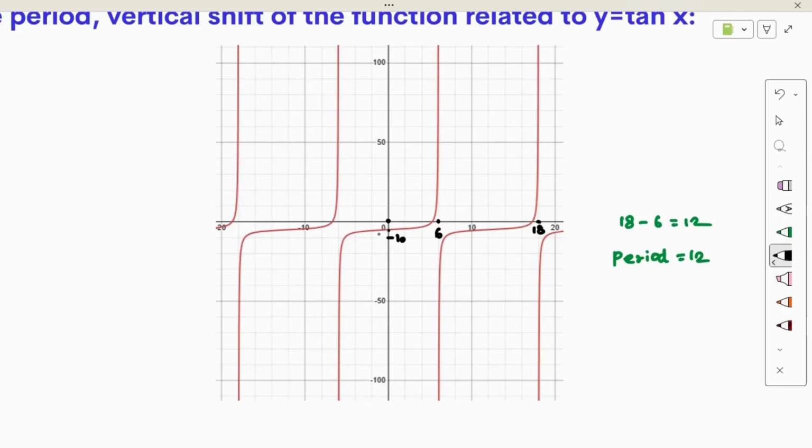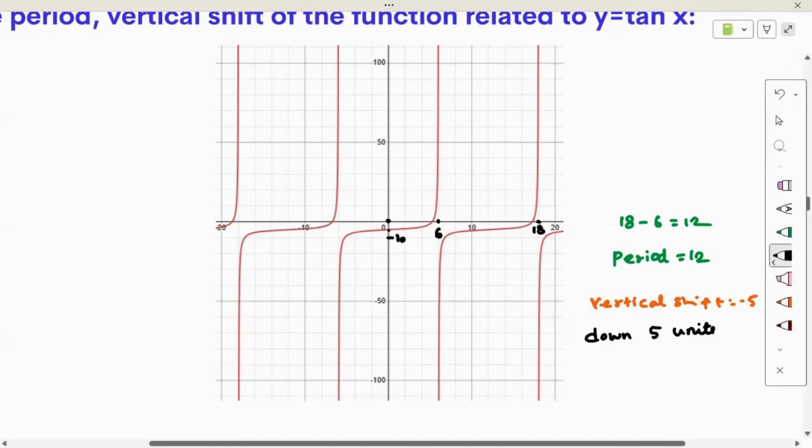That is where the inflection point is located, right? That gives you the vertical shift. It's down 5 units, right? So the vertical shift is -5, and you can say down 5 units. So that's simple. And now let me zoom out.